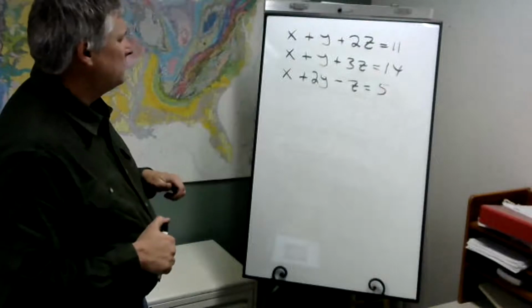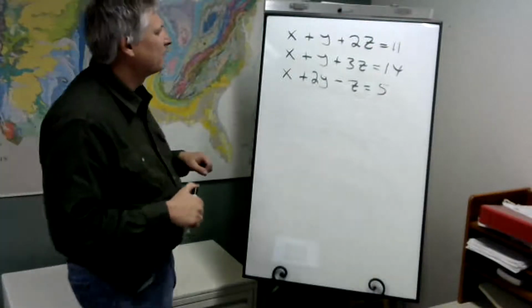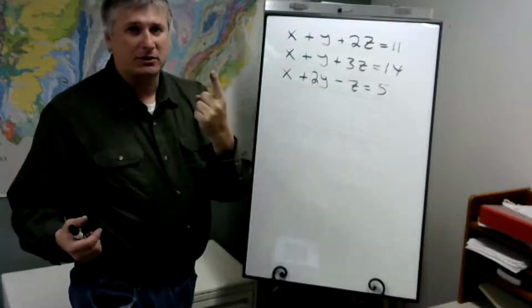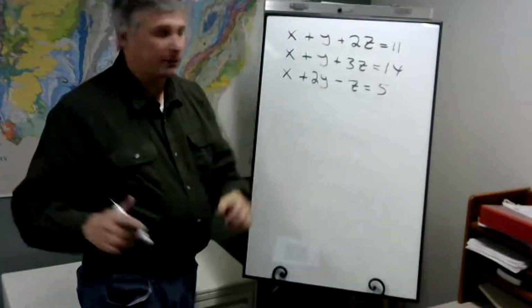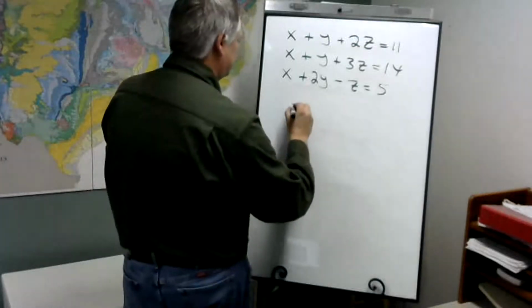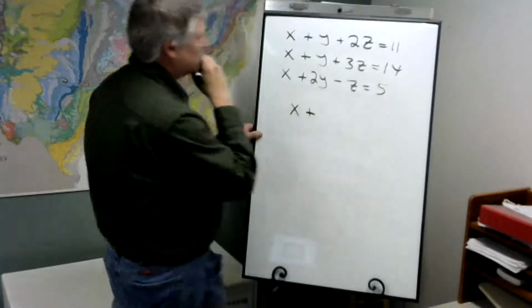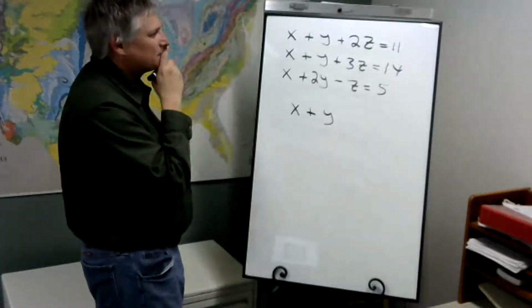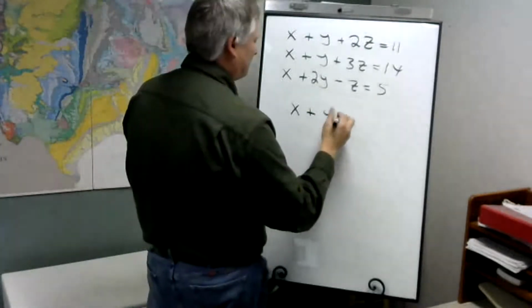So what we could do, let's see. Well, we could take these first 2 and turn these into a single equation with just 2 variables. Well, could we do that? Well, let's see.